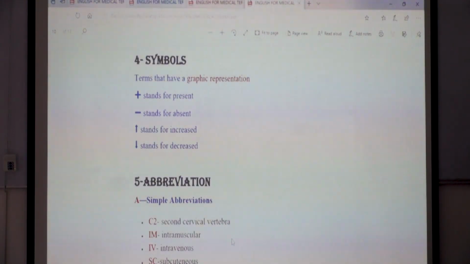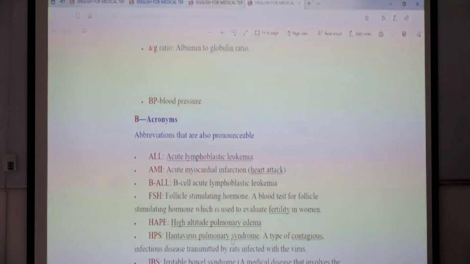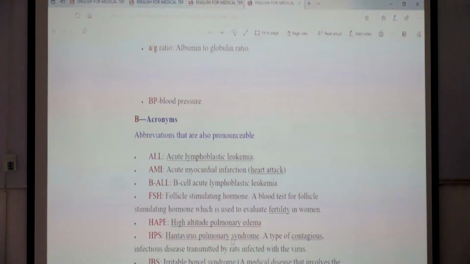This is in order to reduce the writing time. We have two types of abbreviation, the simple abbreviation and the acronym, which gives a meaning, like acute lymphoblastic leukemia, ALL, AML, FSH, follicle stimulating hormone, T1, T2, T3, ACTH. All of these abbreviations stand for something.